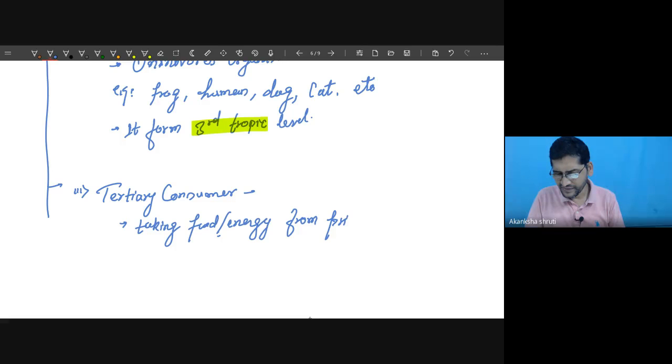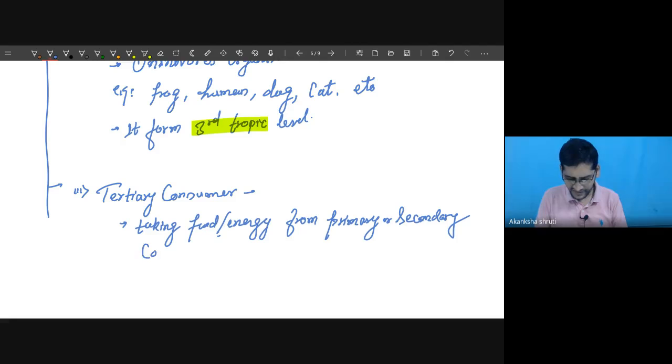From primary or secondary, this definition is asked, consumer, but not from the producer itself, not directly from the producer.